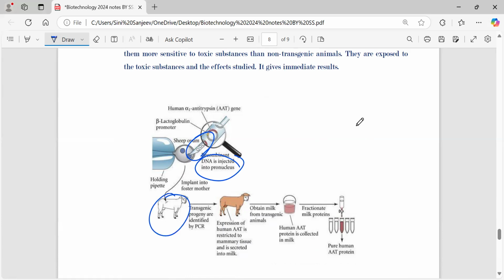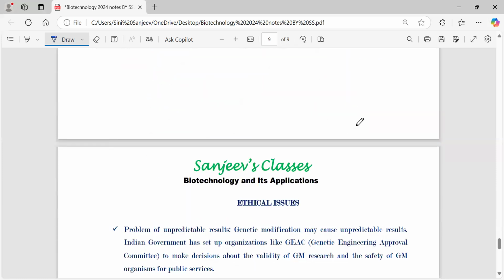Afterwards you can obtain the milk from that transgenic animal, and it will have the protein, the antitrypsin gene, present in it. So the disease emphysema can be treated by the same method. These are some of the uses of transgenic animals.